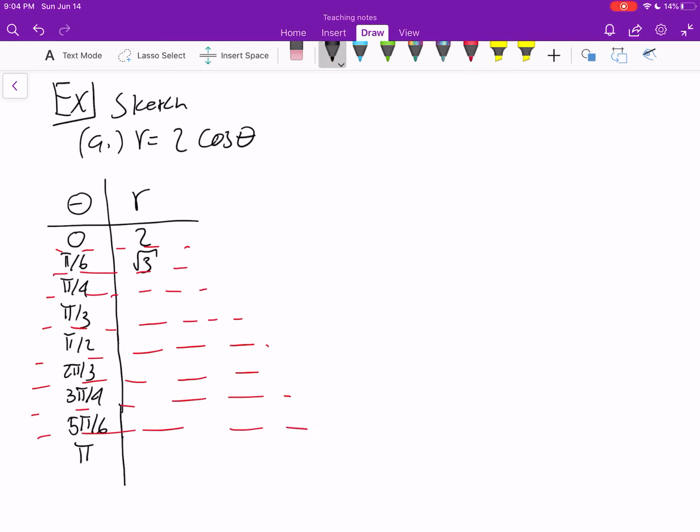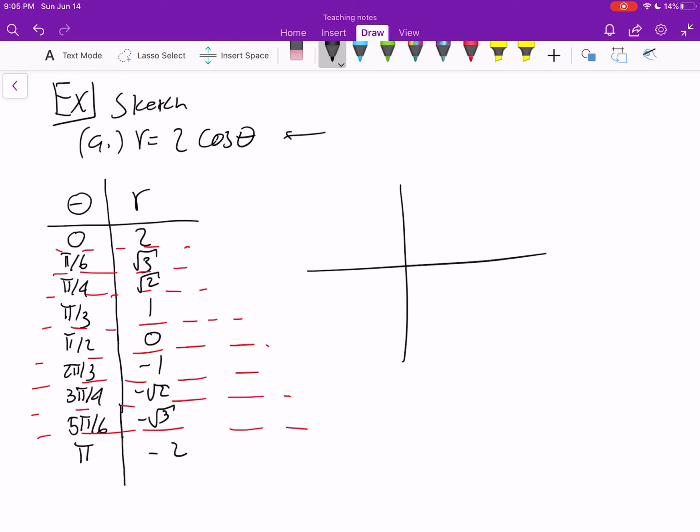Cosine of pi over 4 is 1 over root 2, so this is root 2. Cosine of pi over 3 is a half, so this is 1. So I'm just plugging things in here and getting these values. So I'm just going to write the rest of them. And this would be negative 2.